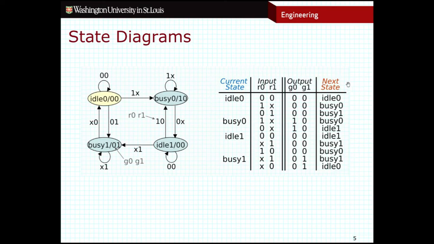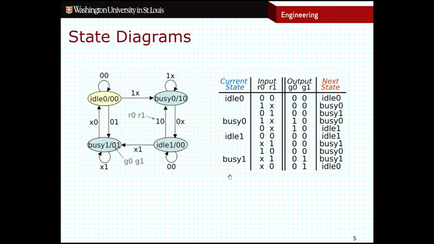Now, these diagrams look an awful lot like truth tables, but they're not quite the same thing. Over here, I have the states listed out, just their names. Then in this next column, I see the input values for both of the request bits. And on the right-hand side, I see what the output value should be, as well as the next state that I should be transitioning to.